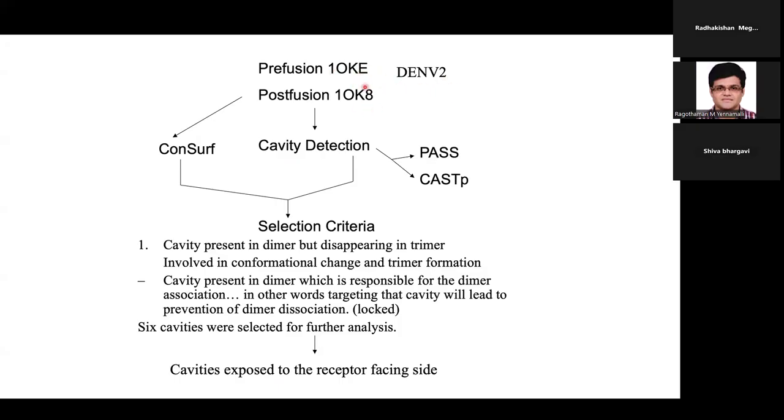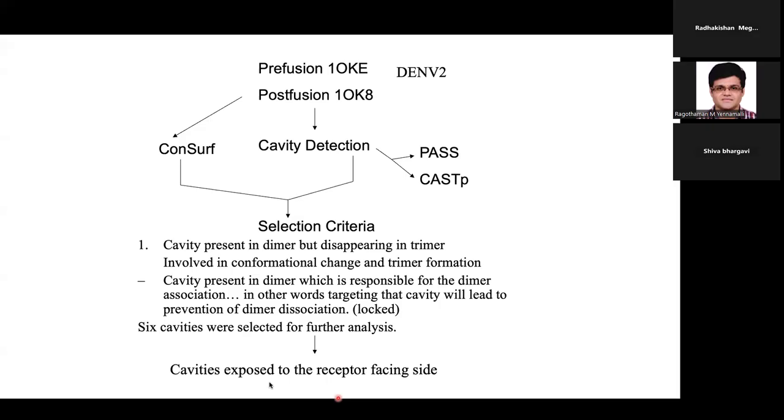This is the PDB ID of the pre-fusion. This is the post-fusion PDB ID. And we took the envelope protein and we gave it to Conserve. Conserve is a tool that can identify which particular residues on the solvent accessible side are highly conserved and which ones are not.